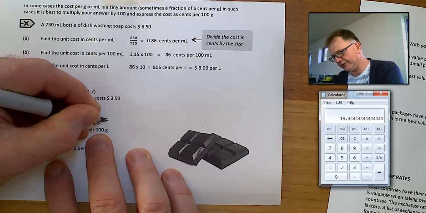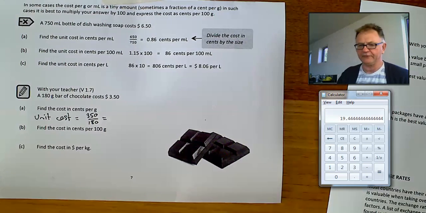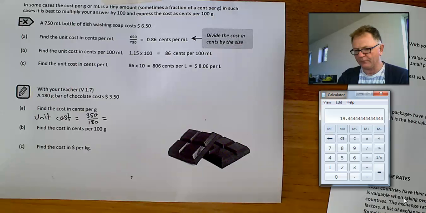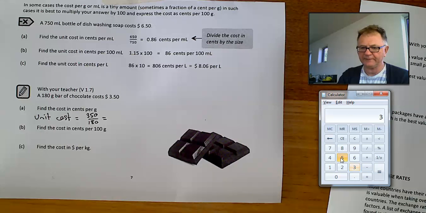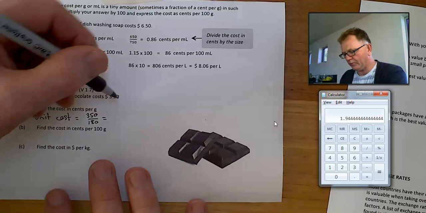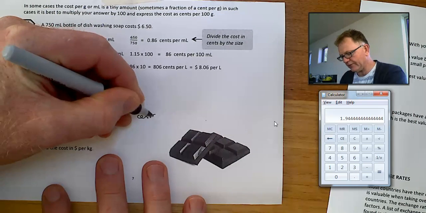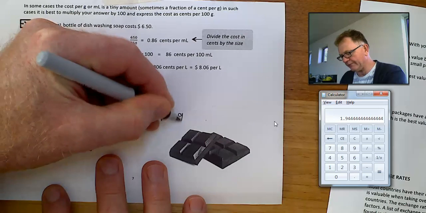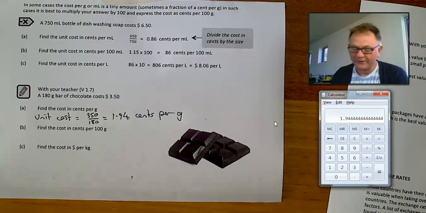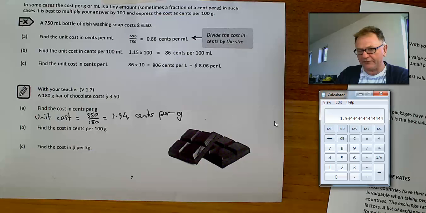The cost in cents per gram will be 350 divided by 180. The cost is 1.94 cents per gram.